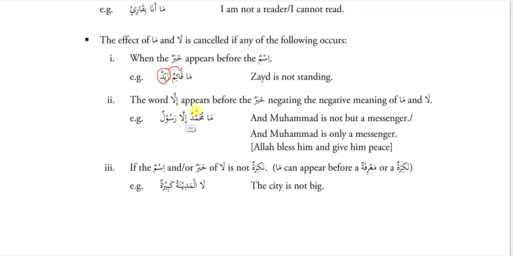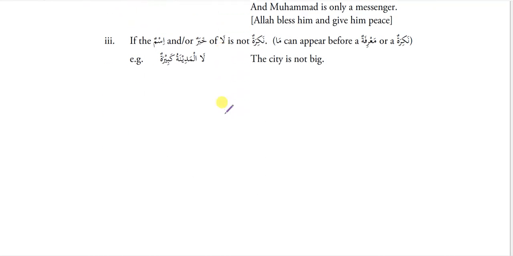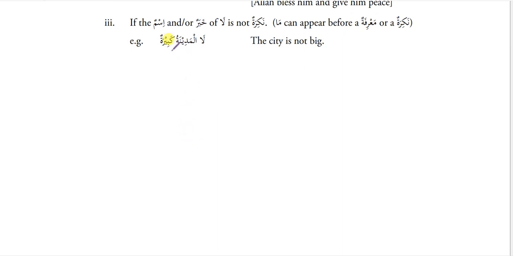Second, the word illa appears before the khabar, negating the negative meaning of la and ma, like Muhammadun illa rasulun. So whenever illa is added between mubtada and khabar, then also the effect of ma will be removed. And third, if the ism or the khabar of la is not nakira, like la al-madinatu kabiratun.